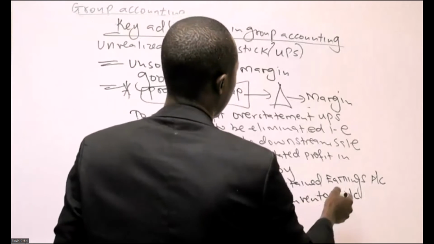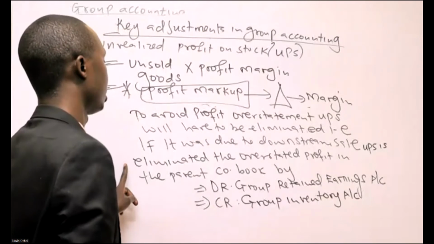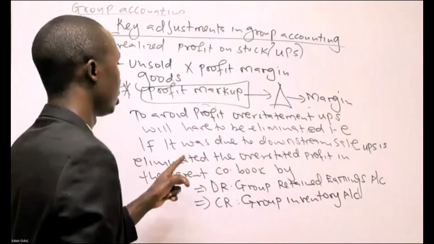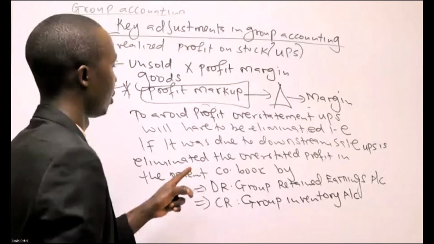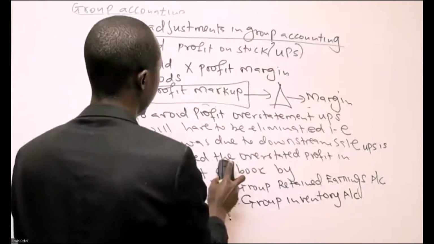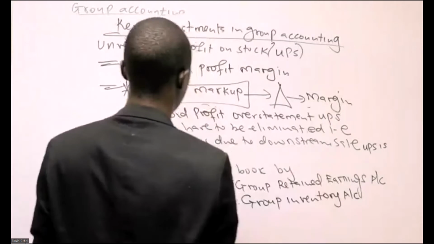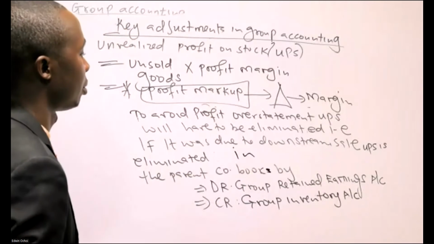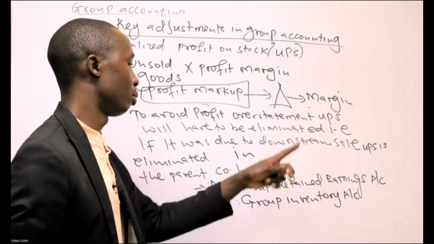UPS is eliminated in the parent company books, by debiting the group retained earnings account and crediting the group inventory account.